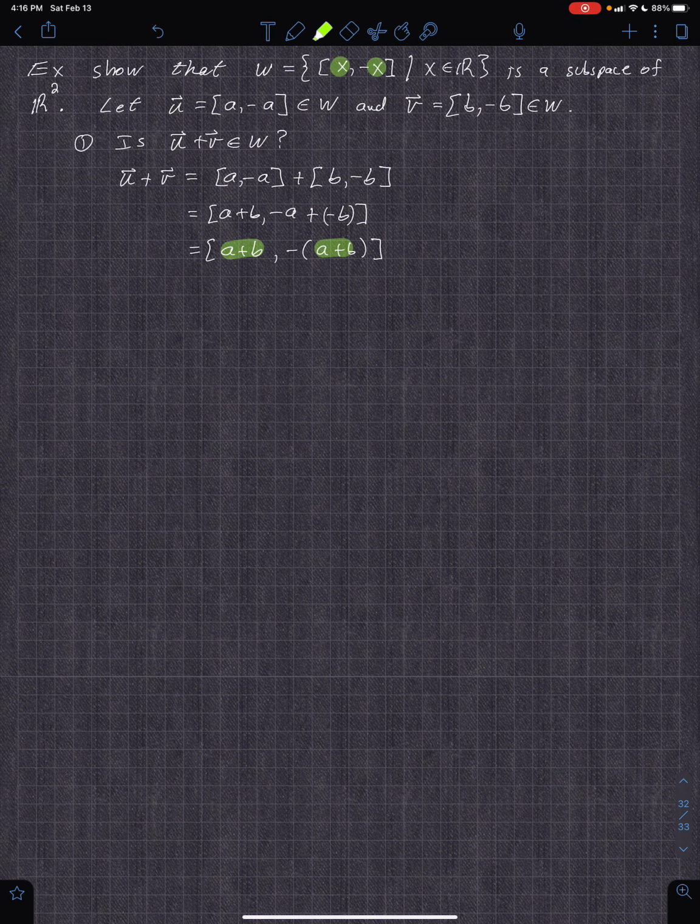And then those are both in R. So this is in W since a plus b is in the reals, like it didn't jump outside there or something, and you have the right form with a negative in front. That's your first step. Now scalar multiplication. So the question is, is rv in W?